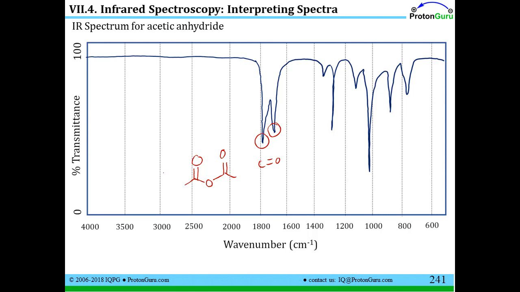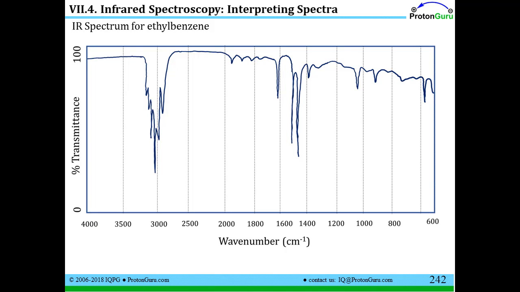If it is, we should also see the CO single bond stretch, which should be strong, and it should be between 1200 and 1000. We see a peak like that, so we could attribute that to a CO single bond and rightly assess this might be an anhydride.